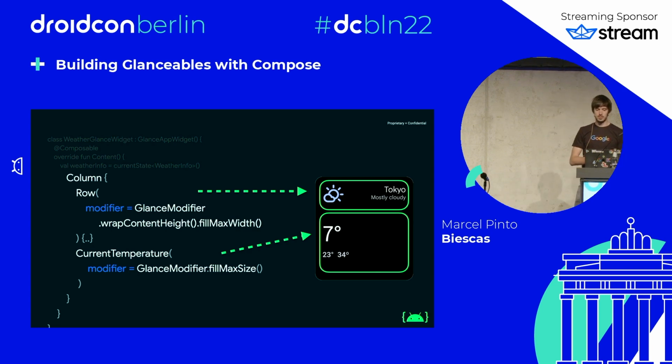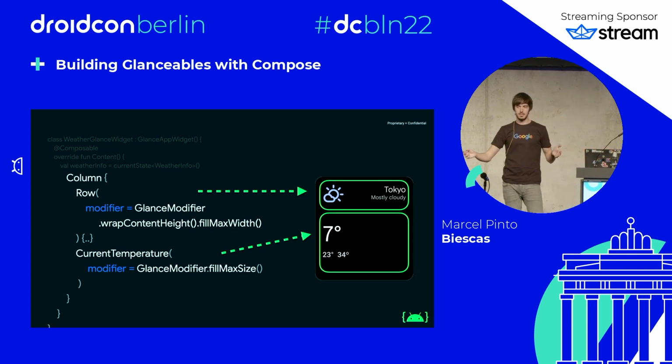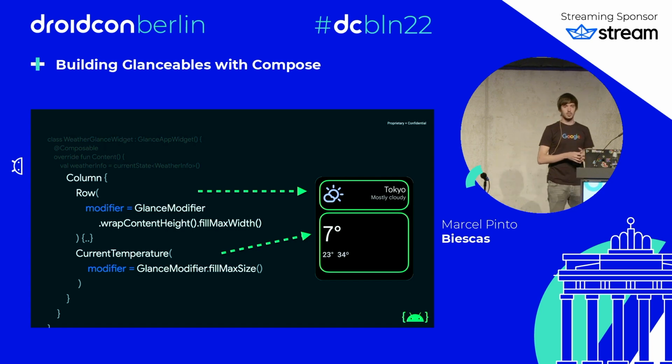If you look at the first row, we are telling the content to just wrap based on the size of their children, and then expand to the max available size. Then, because the column respects the order you declare things, whatever you place next, we are saying to fill the max size. So it will not take space from the first row. It will just take whatever is remaining there.